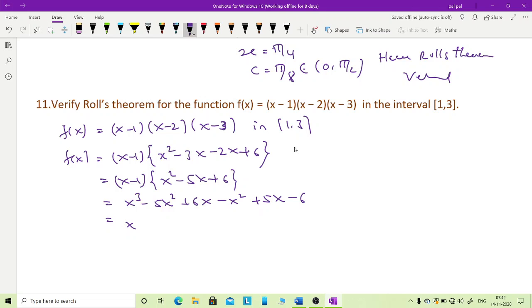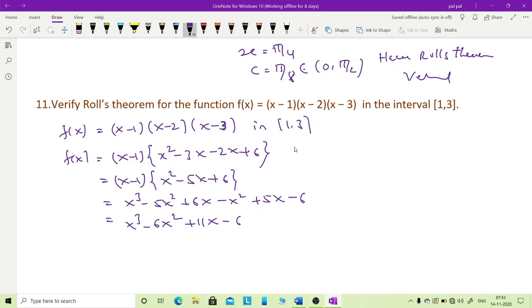So it is x cube minus 6x square plus 11x minus 6, adding 6x and 5x gives 11x.